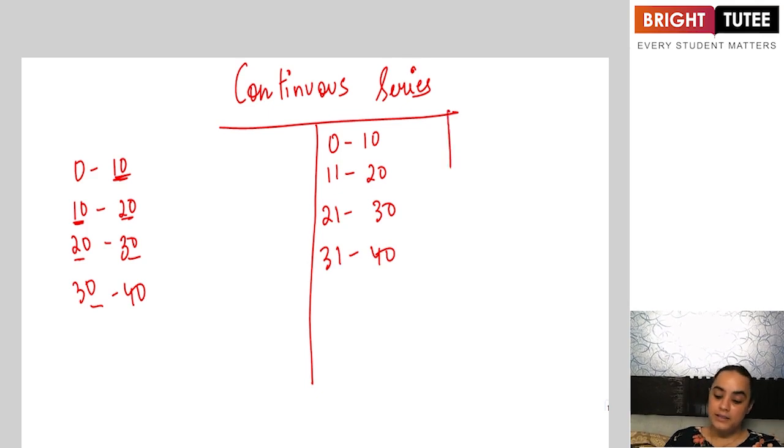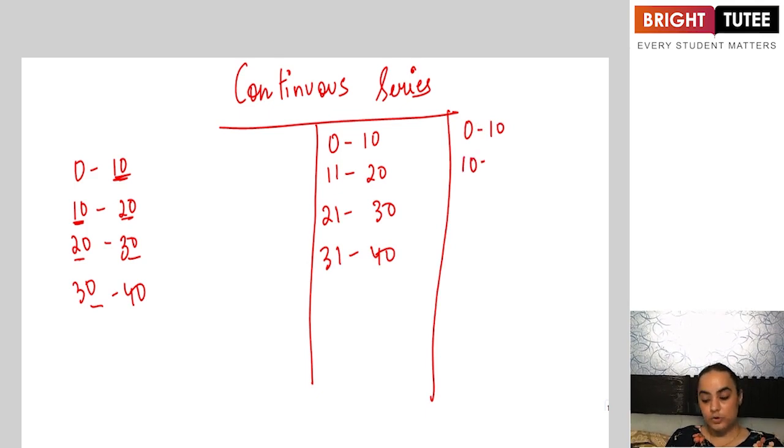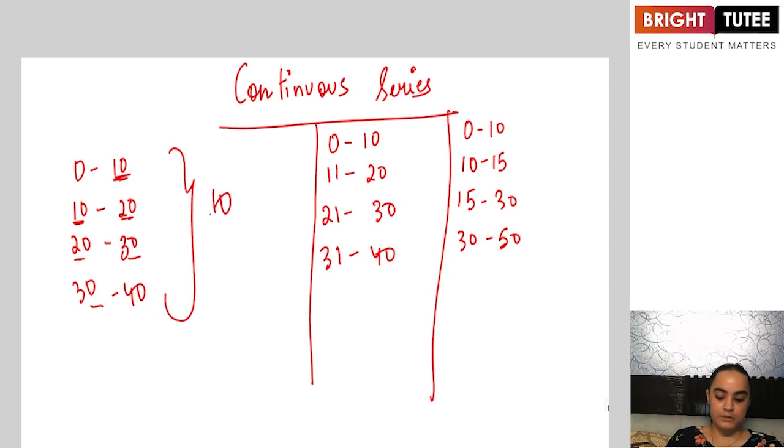There may even be some series in which the class intervals are not equal. 0 to 10, 10 to 15, 15 to 30, 30 to 50, and so on. Here there was a gap of 10, then 5, then 15, then 20.